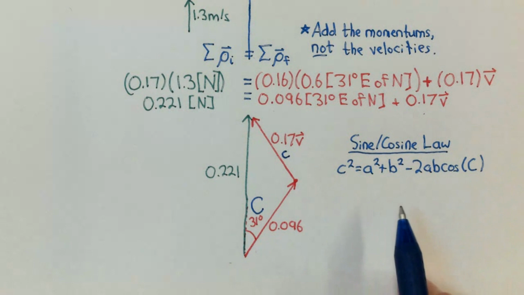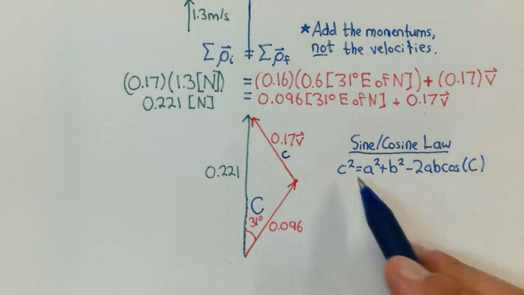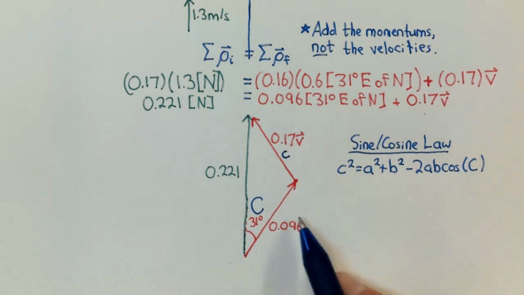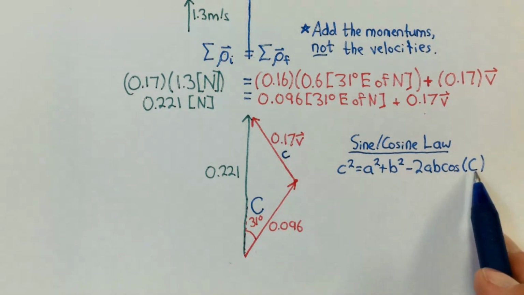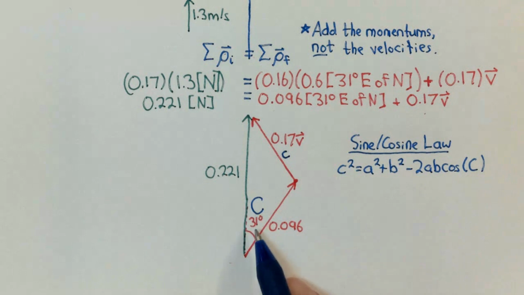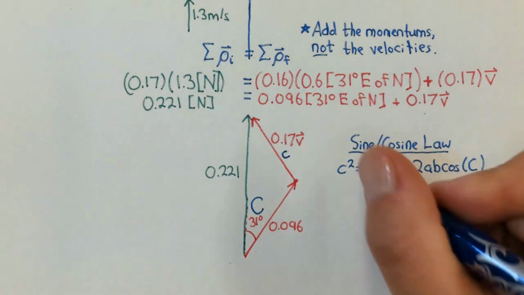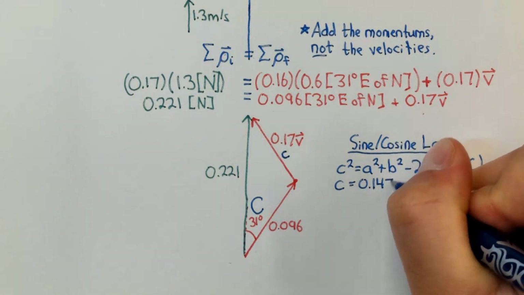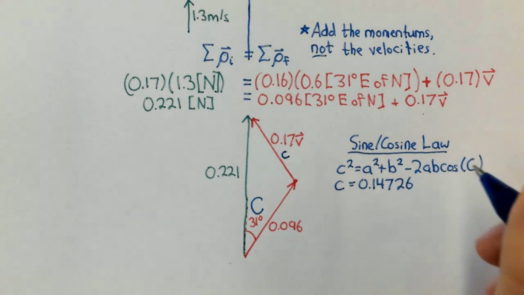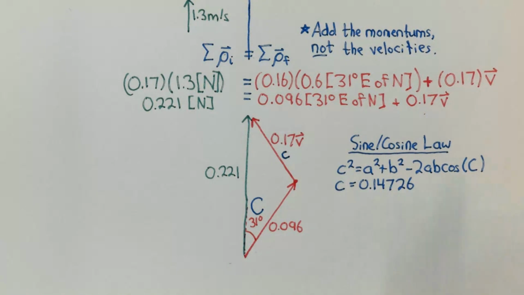I won't go through all the steps here, but I'll tell you what you should get by going through this. So we know C is the thing we're looking for. A and B are going to be this length and this length. And angle C is this guy down here. It's my 31 degrees. So this gives me C is 0.14726.